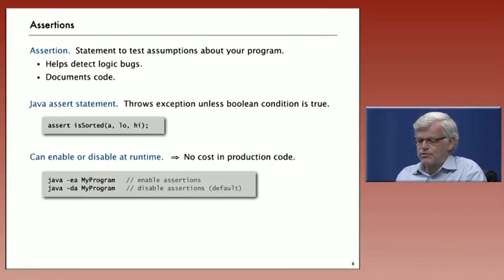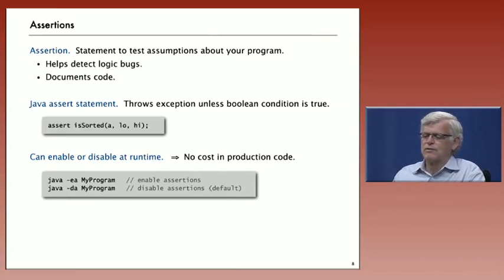Now, the thing about assertions in Java is that you can enable or disable them at runtime. That's really important because it means you can put them into your code to check while developing, but it doesn't incur any extra costs at all in production code. So by default, assertions are disabled.